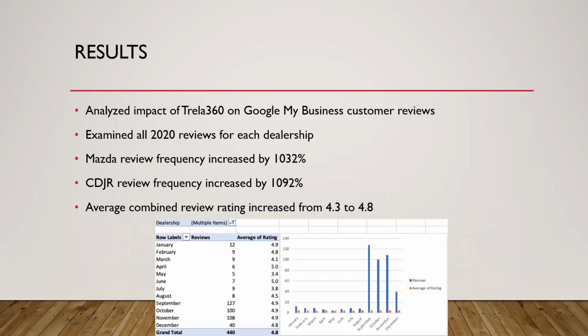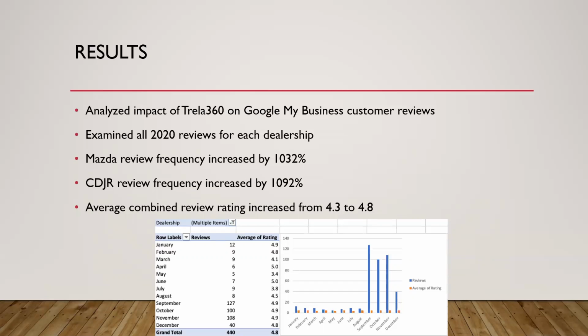So beginning with Trello 360 and Google My Business reviews, Trello 360 just knocked it out of the park with increasing our reviews. This graphic down here is just the overall, and as you can see, we went from an average of like 10 or less reviews per month to over 100 once we started using Trello 360.